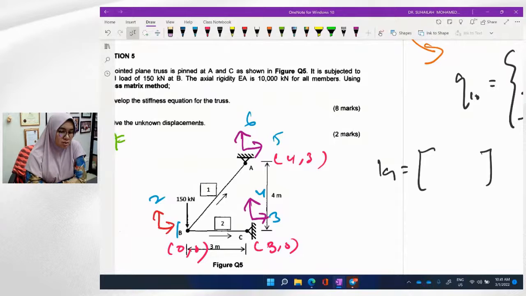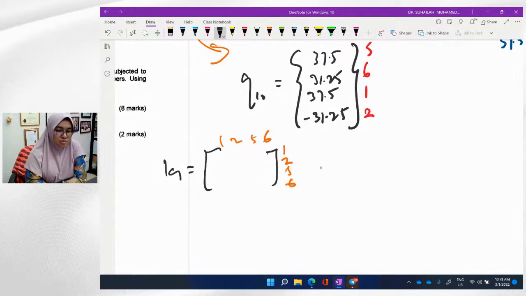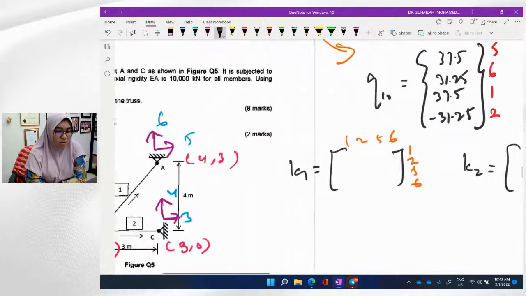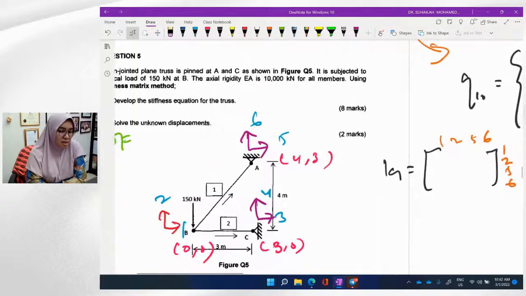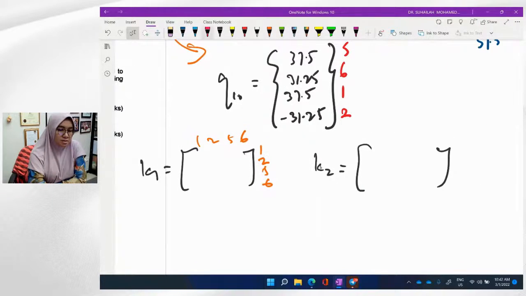K1 is 1, 2, 5, 6. And then we have K2. Use the formula to calculate the value inside the matrix. It is 1, 2, 3, 4.